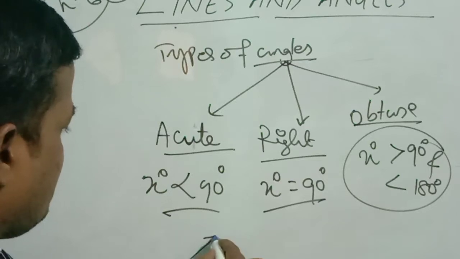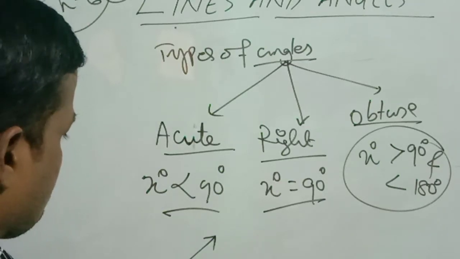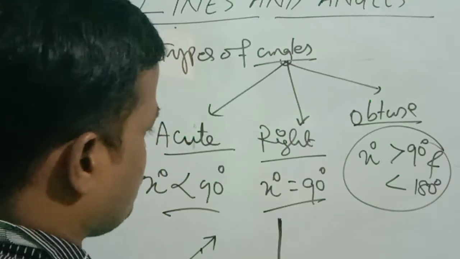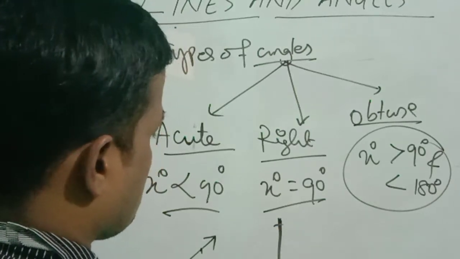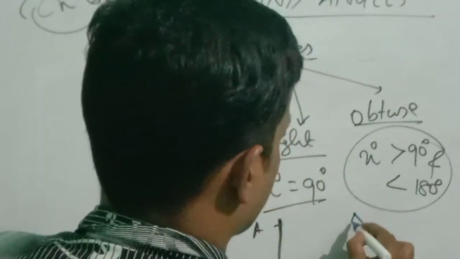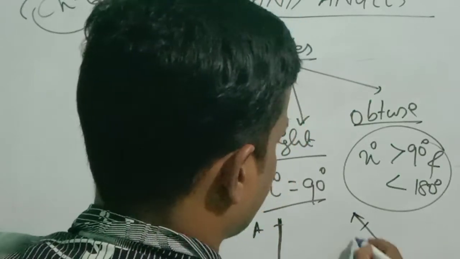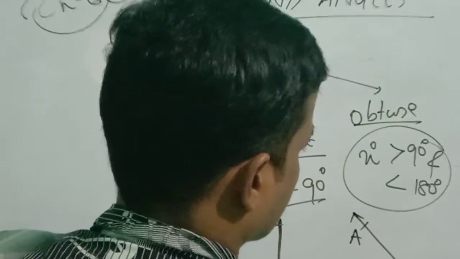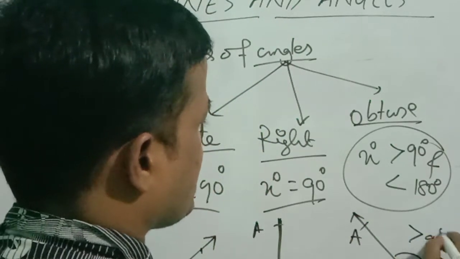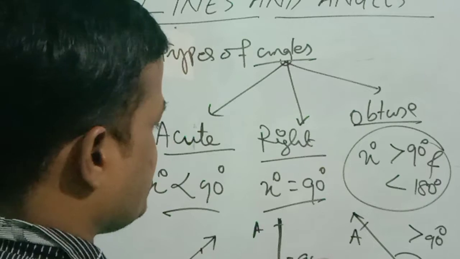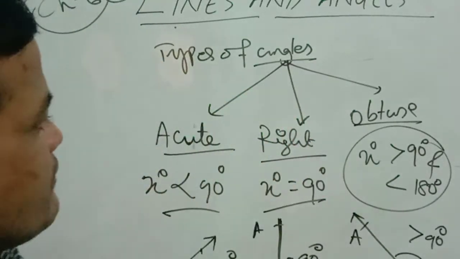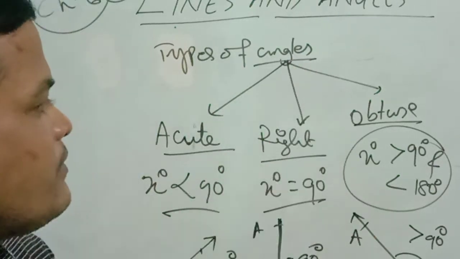This is an acute angle, this is a right angle, and this is the obtuse angle, greater than 90 degrees. This one is equal to 90 degrees, and this is less than 90 degrees. So these are the different types of angles on the basis of their measurements.